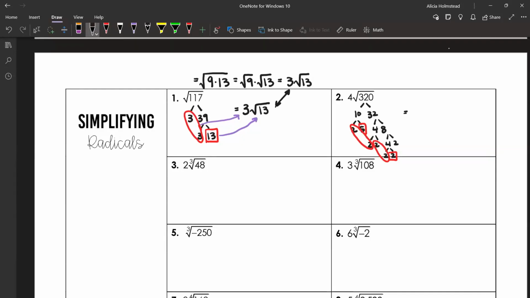Okay, so we'll start with the 4 that's on the outside, because if it's already on the outside, it's going to stay on the outside. So that will be the 4, and then just like before, we're going to pull out anything that was a group of 2. So we've got one group of 2, and then another group of 2. And that's everything, and then left over is 2 and 5.